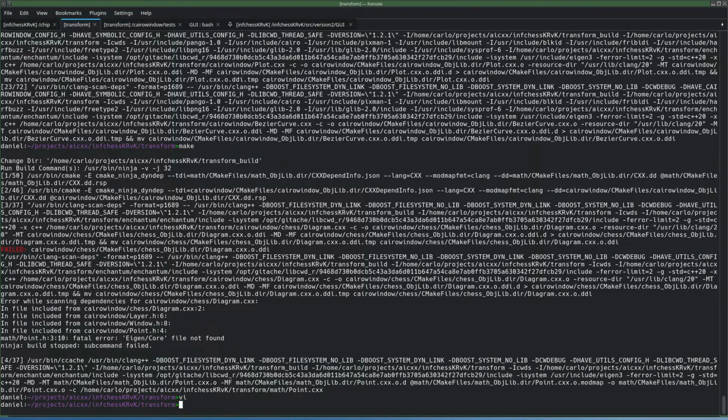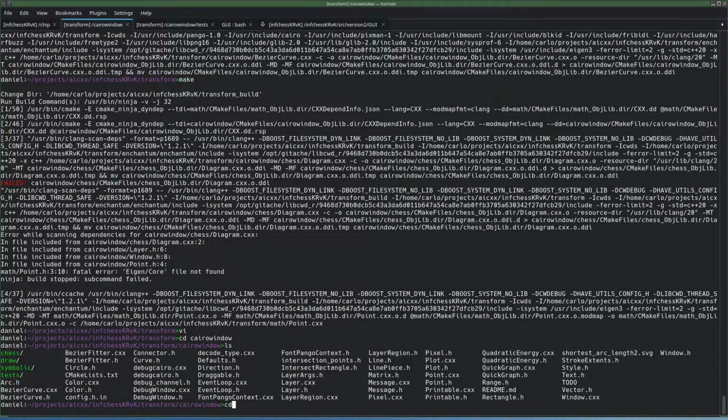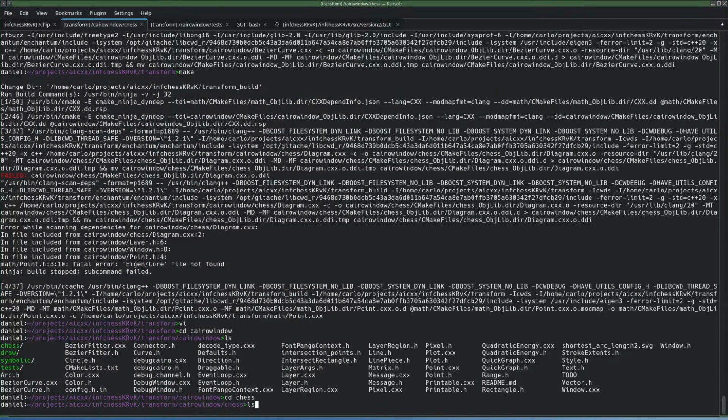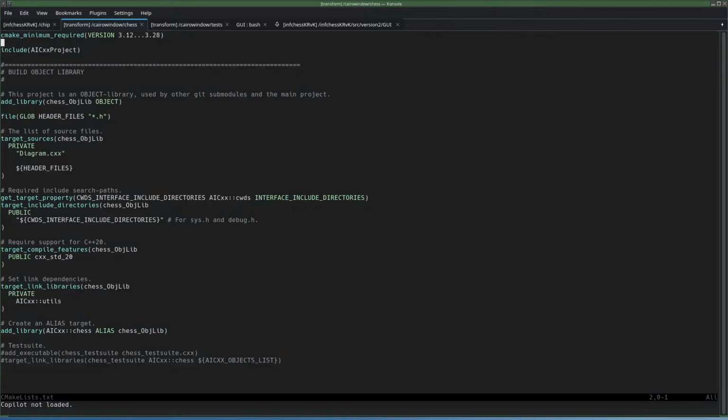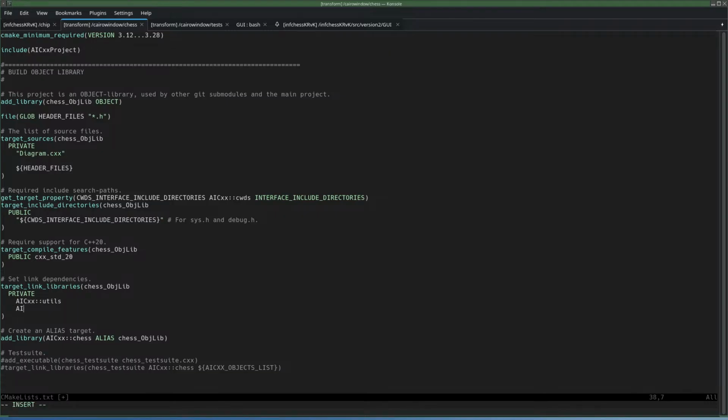This is the chess object library, but I'm a bit confused. CD cairowindow chess. Yeah, I should link with them.